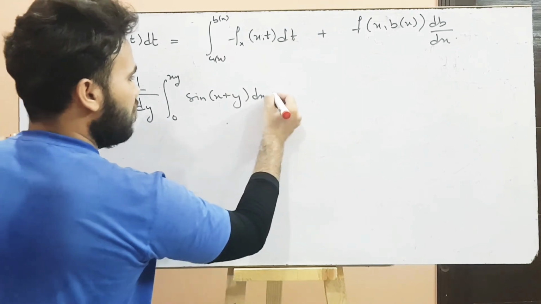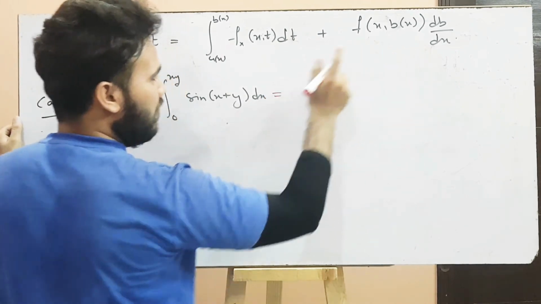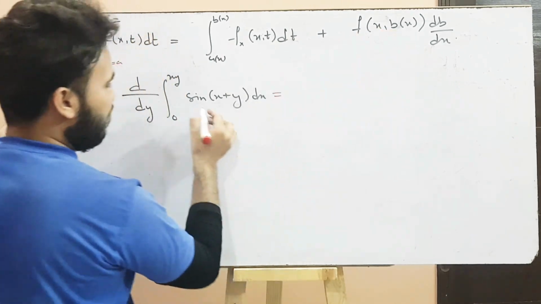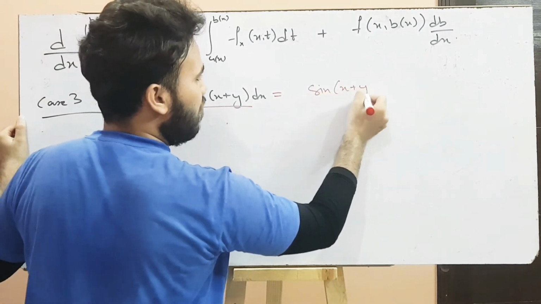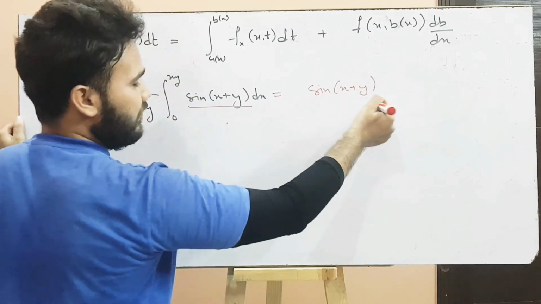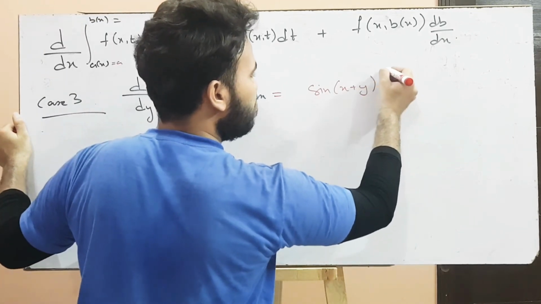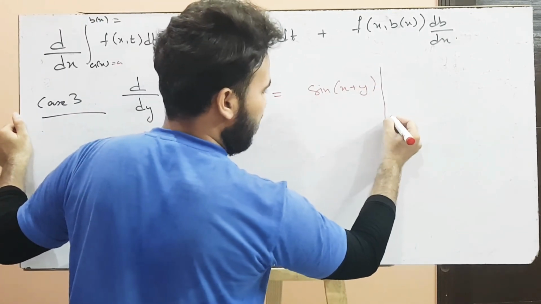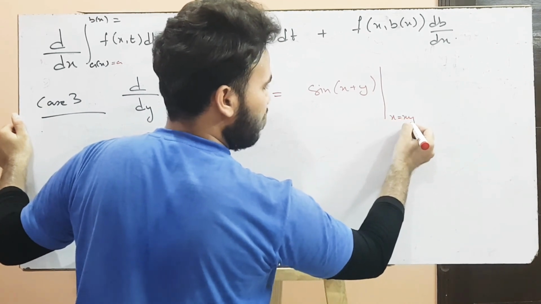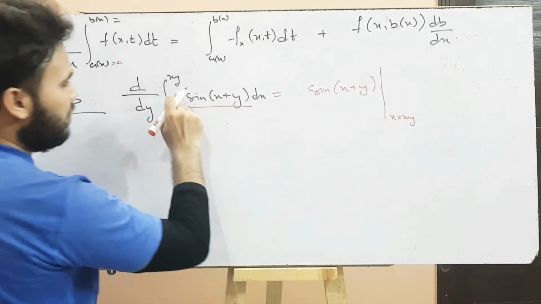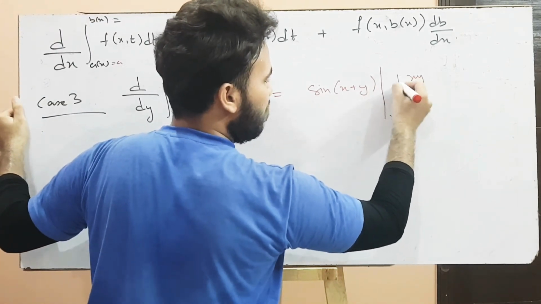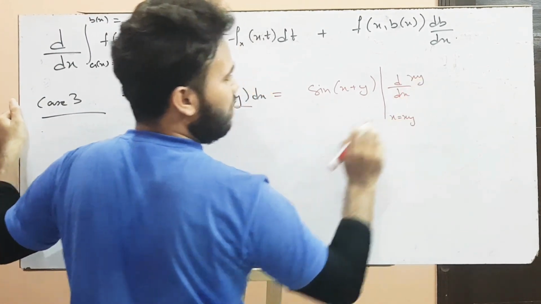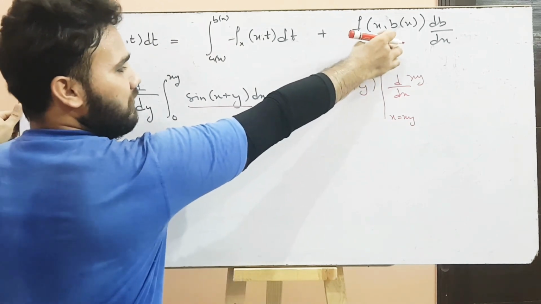First of all, the function f is this one, so I can write sin(x + y) at t = xy times the derivative of b, where b is xy. We need to find the derivative of xy with respect to x, so we have done with this term.